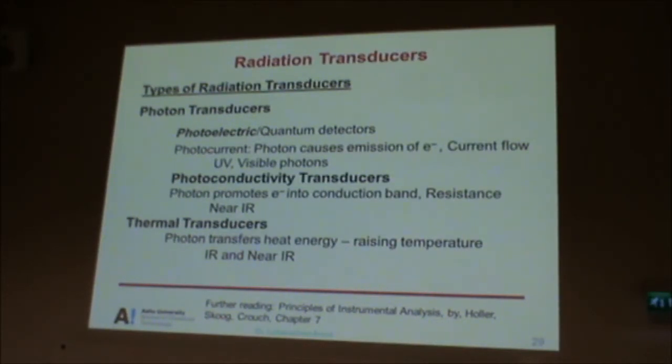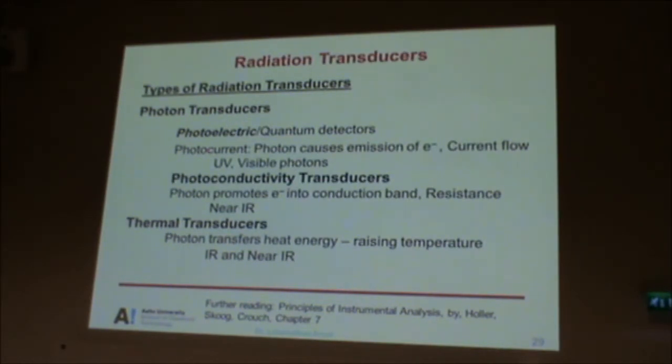The thermal transducer is where the photon gives rise to a rise in temperature. Among photon transducers, you have photoelectric. If you have a photon of very high energy, it can actually knock the electron out of the sample, and then it can cause a current to flow.